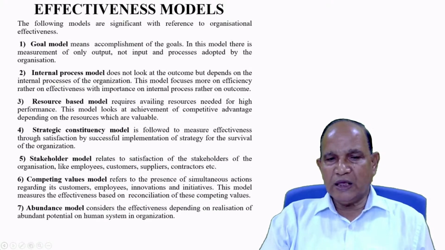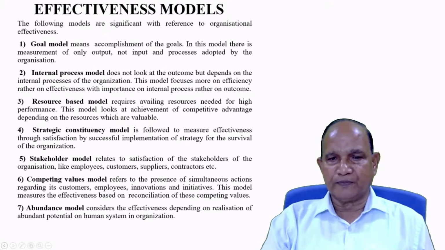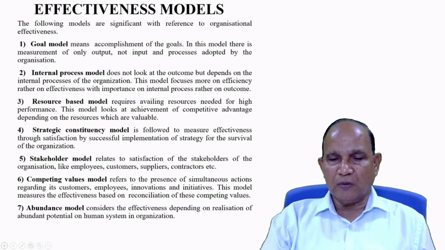So if the process is effective and the employees are efficient, as per the adoption of this model, which is called the internal process model, then automatically the outcome of the result will also be appropriate. So instead of giving importance to the outcome as per the first model, if different organizations give importance to this internal process model to make it efficient, then automatically the effectiveness of the organization can be assured.